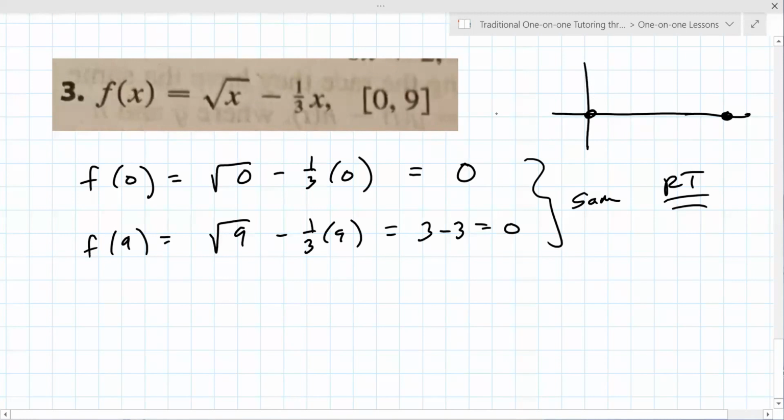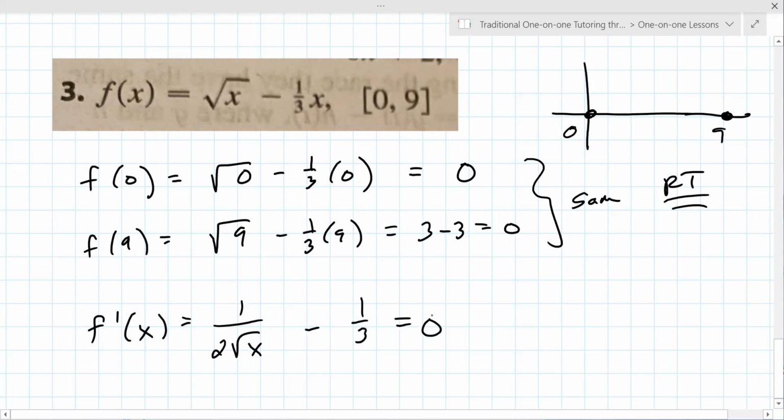And we don't know what it does in between, but when you take the derivative, f prime of x, there should be a place from 0 to 9 that has a horizontal tangent. So the derivative here is 1/2 square root of x minus 1/3 equals 0. You take your derivative and set it equal to 0.